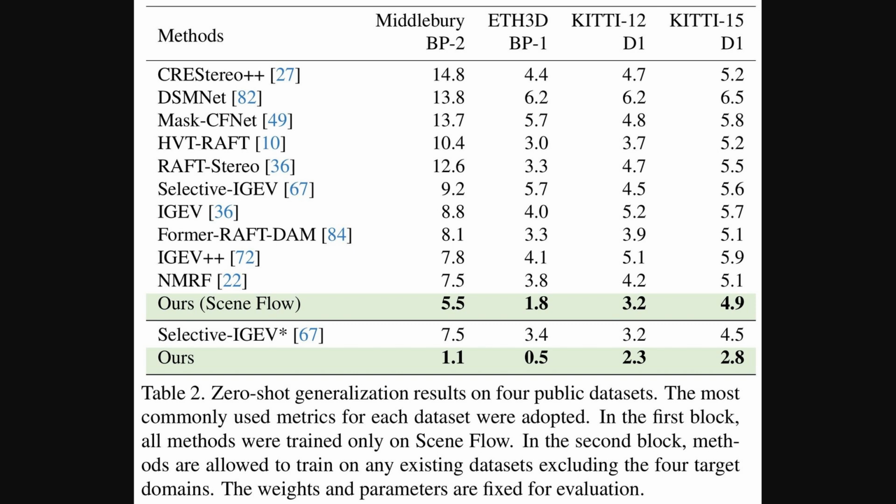But the bottom block, where FoundationStereo uses its full training data, including that massive FSD dataset, the improvement is huge. Look at Middlebury. Error drops from 7.5 for the next best method down to just 1.1 for FoundationStereo. Across all datasets shown, ETH3D, KITTI, it consistently sets a new state-of-the-art for zero-shot performance, really showing the power of that large-scale dataset and the architecture.